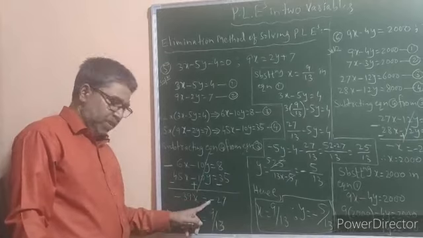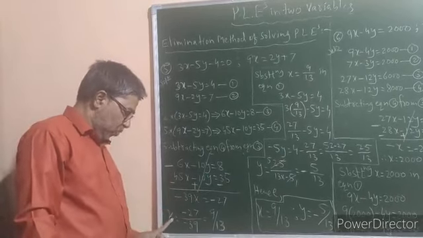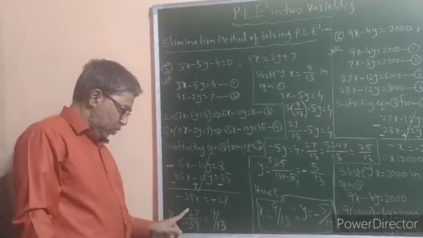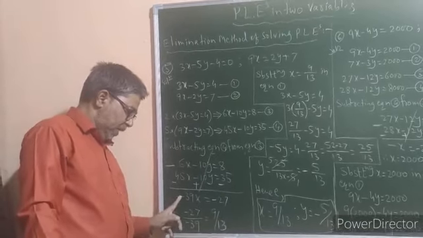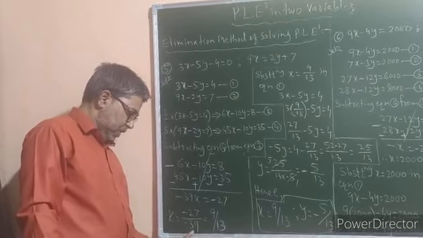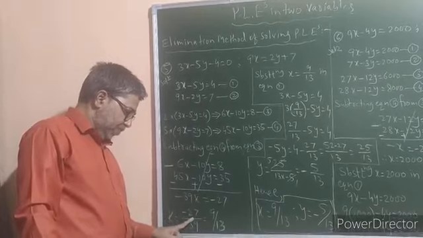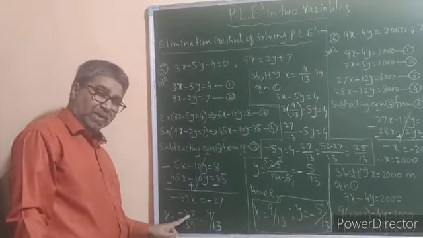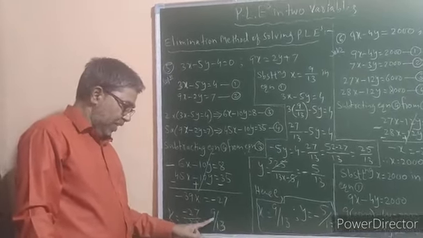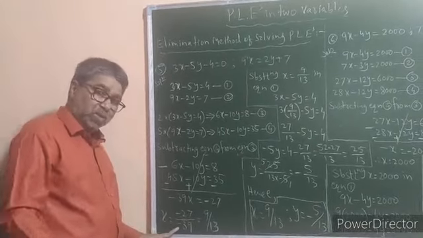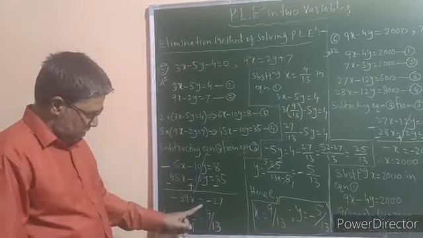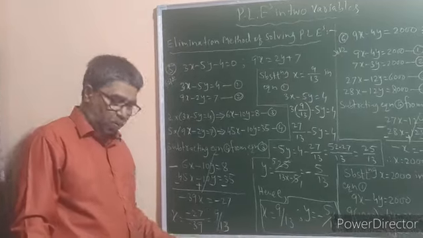Minus 39x is equal to minus 27. Therefore x is equal to minus 27 divided by minus 39, and after simplification, if you divide the numbers by 3, you will be getting 9 upon 13, and minus minus will become plus. So hence the value of x is 9 upon 13.